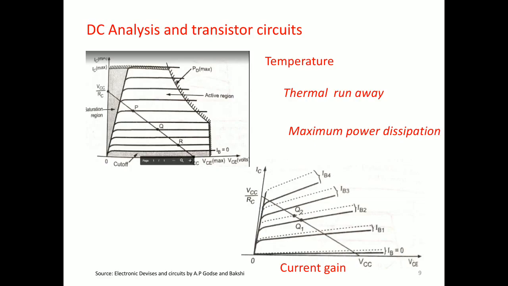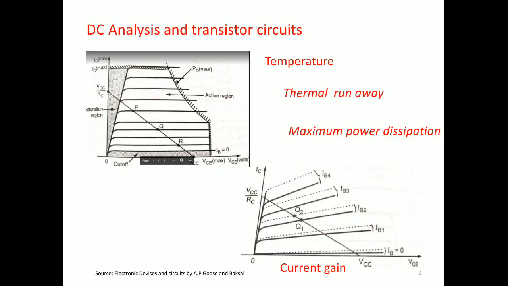What does temperature variation mean? The power dissipated within the transistor is predominantly the power dissipated at its collector base junction, that is, power dissipation is equal to Vc into Ic. The increase in the collector current increases the power dissipated at the collector junction.